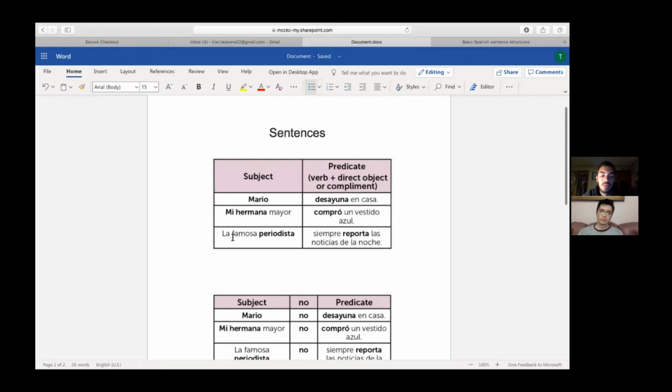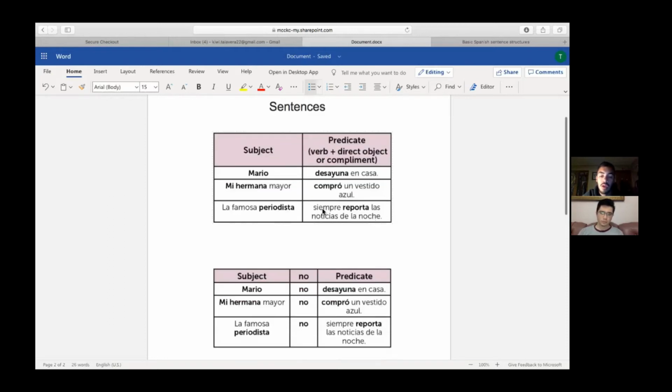And then the last one, la famosa periodista siempre reporta las noticias de la noche. The subject is la periodista, which is like a writer, like a journalist. And then siempre reporta las noticias de la noche. Reporta is the verb, and it means to report.